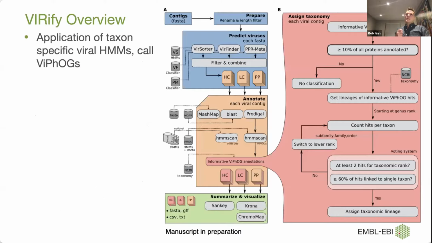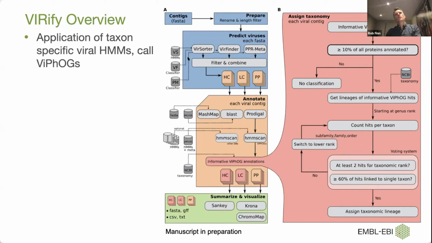So I wanted to talk a little bit more about this Verify pipeline, and this is a very brief overview. I'm not going to go through the whole process, but there's essentially a standard set of steps that we go through. This is a standalone pipeline that you can run yourself as well as running it through MGnify.